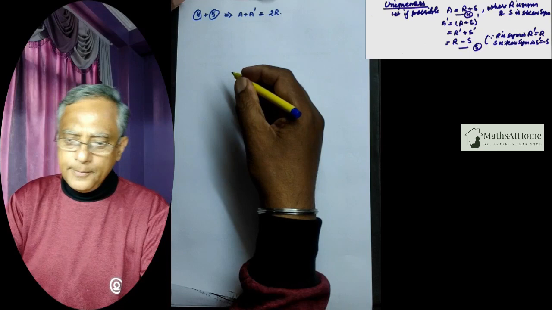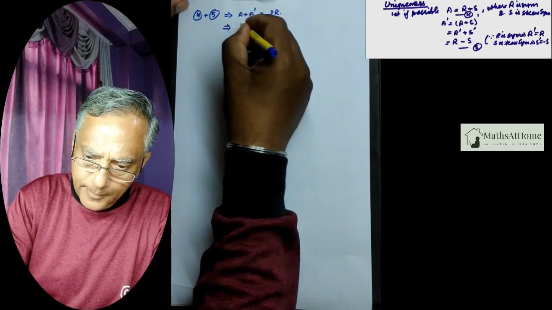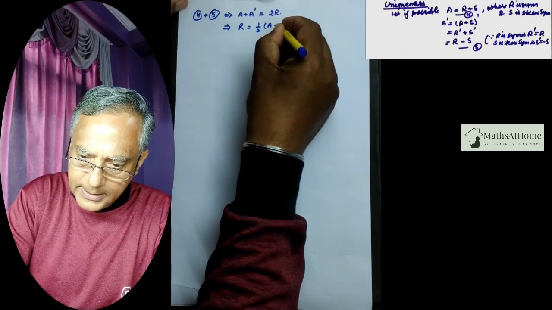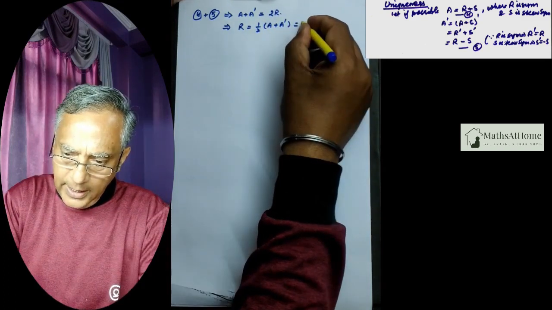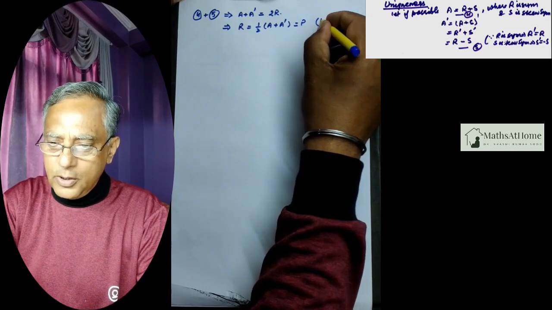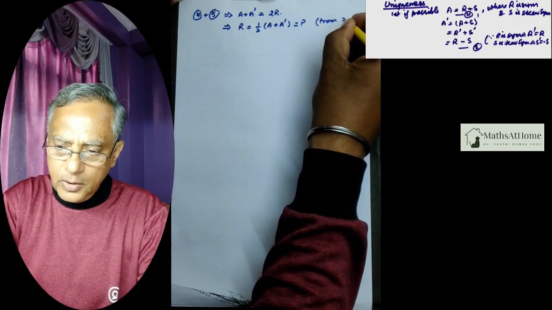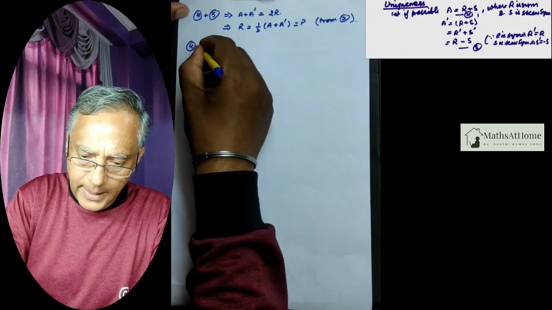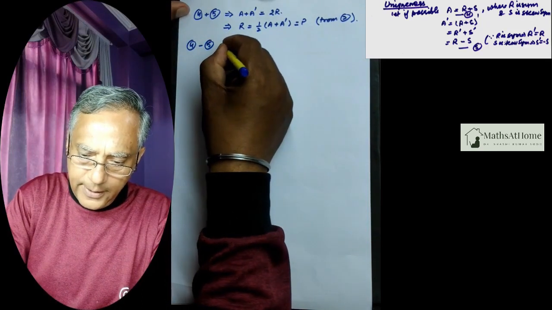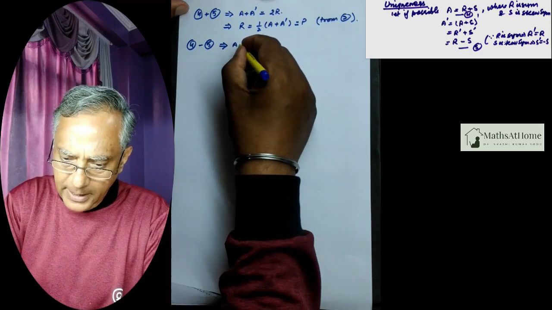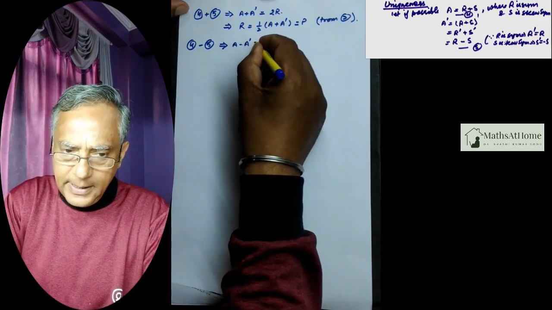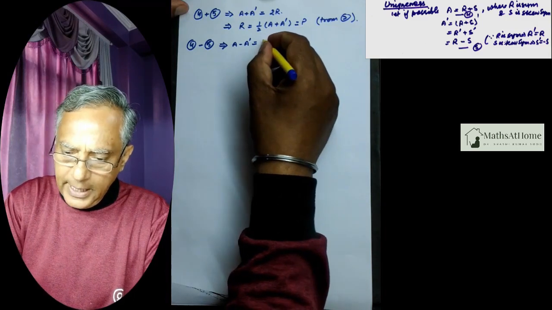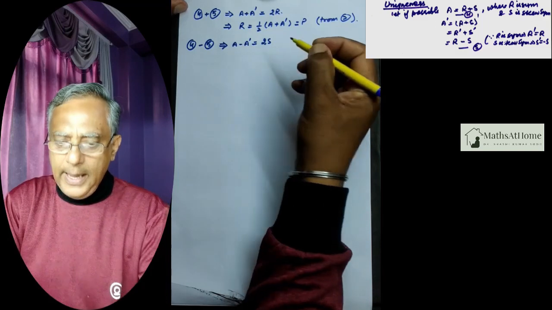This implies R is equal to 1/2 of (A + A'), and from equation 2 this is equal to P. And 4 minus 5 implies when we subtract them we get A - A', and this is equal to R and R cancel and we get 2S.